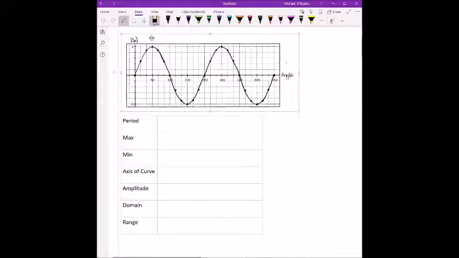Alright, yeah, so 360. So there's two ways to look at it. What I could do is take this spot here and this spot here, and find the difference between these spots, right? So that would be like 450.